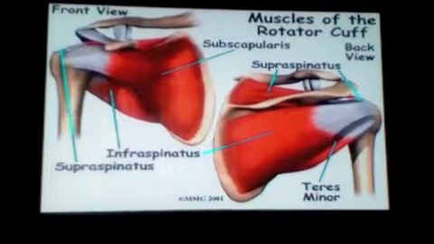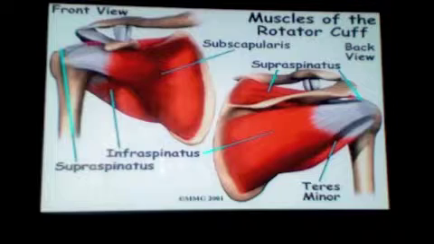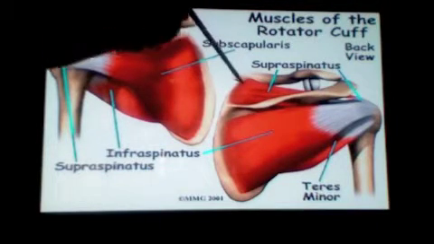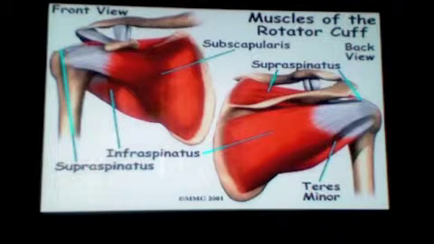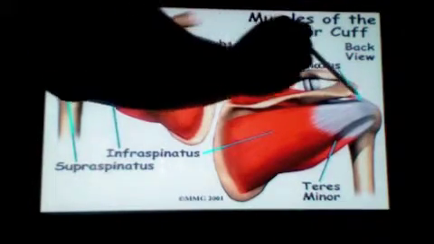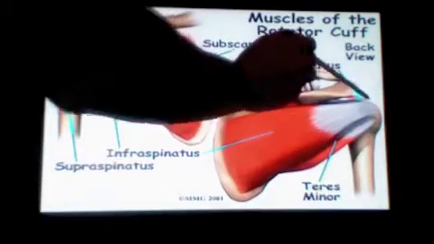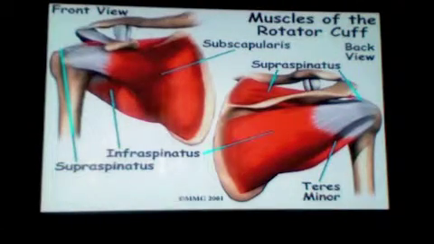Another muscle of the rotator cuff is the supraspinatus. The supraspinatus is located superior to the scapular spine. The muscle originates on the supraspinous fossa of the scapula and inserts onto the greater tubercle of the humerus. The supraspinatus muscle abducts and stabilizes the humerus.